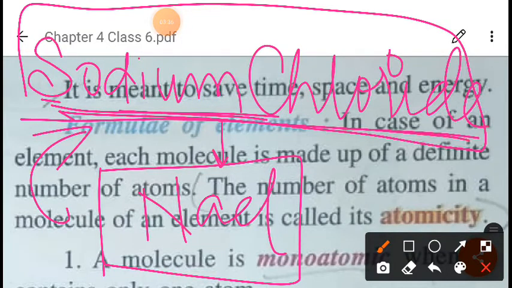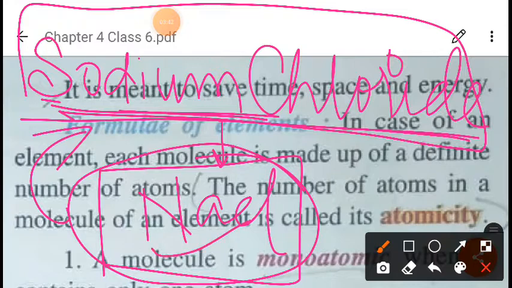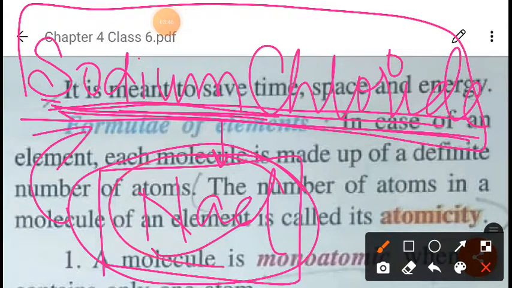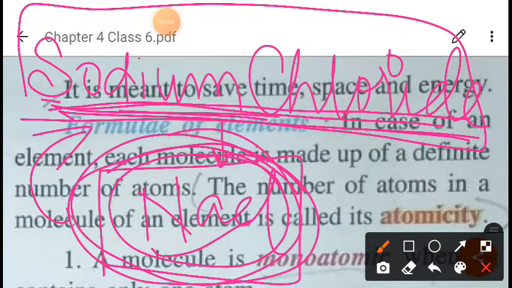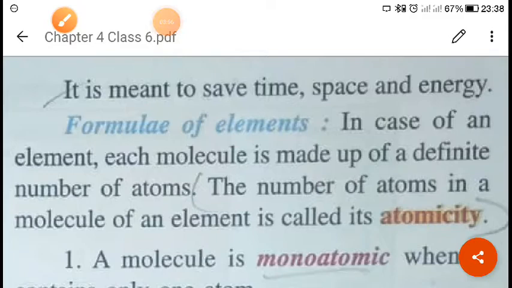Such a big thing can be represented in short form. So it saves our time first, and secondly, it saves space. For writing sodium chloride, so much space is required, but the formula saves space. Now energy: writing this requires energy, so it also saves our energy. So I hope you have understood the need for the formula.